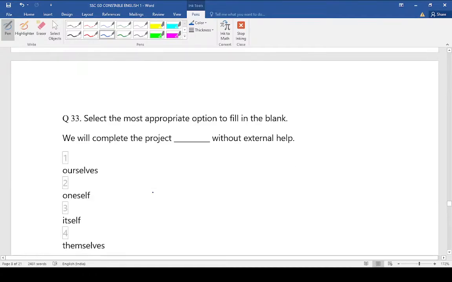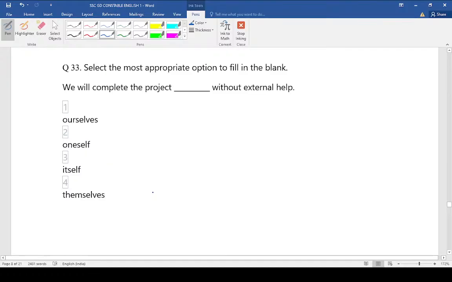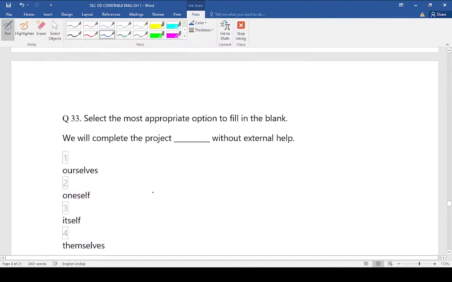Select the most appropriate option to fill in the blank. We will complete the project dash without external help. B means, along with that, what we are supposed to use is ourselves, the reflexive pronoun.